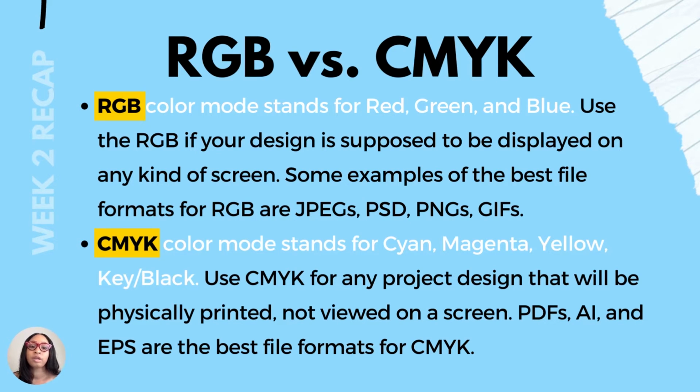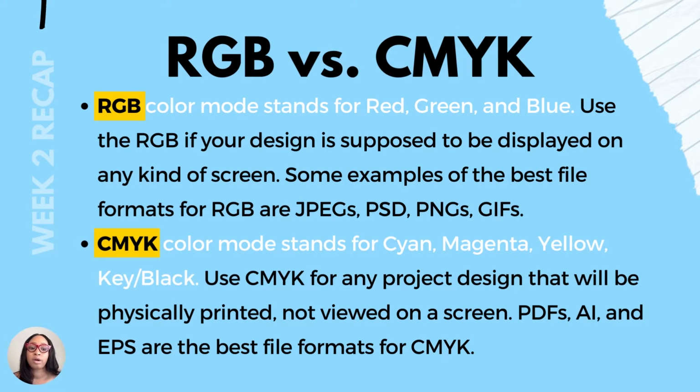So RGB stands for red, green, and blue. We'll discuss this even more. So you will use RGB in your design, which is supported for all designs on the screen. Some examples of the best file formats for RGB are JPEGs, PSD, PNG, and GIF.